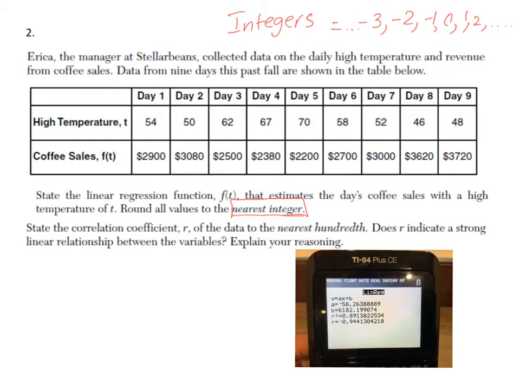So y is equal to ax plus b. Let's plug that in. A is right here, b is right here, so we've got negative 58. We've got to round off to the nearest integer. So negative 58x plus 6182. That's our first equation, linear regression function f(t).